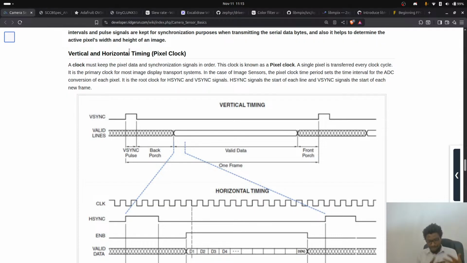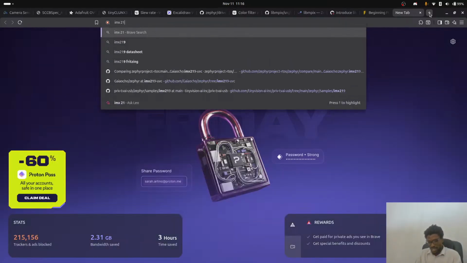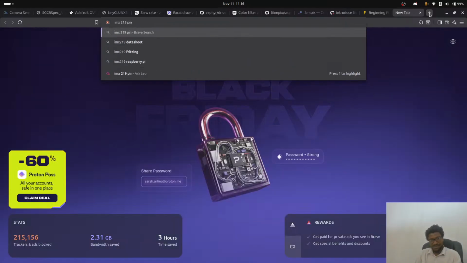So basically, there's going to be a number of clocks, especially when you start dealing with raw image sensors. You're going to realize there's a master clock, there's a P clock, there's an X clock. Like on my OV7640, there's a P clock and there's a master clock, and then there's other cameras, like the IMX219. Let's see. IMX219 pinout.